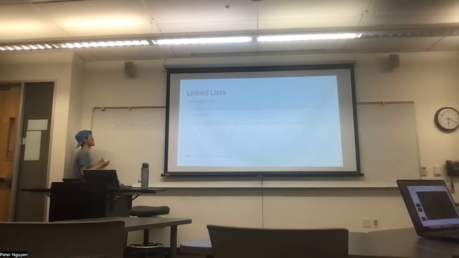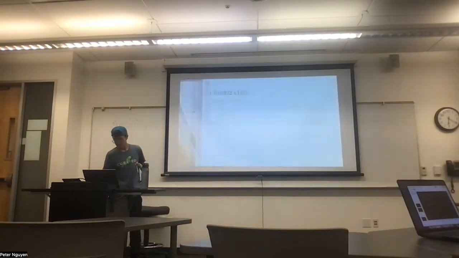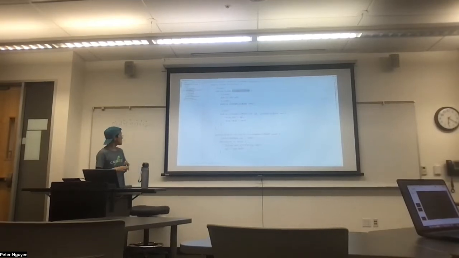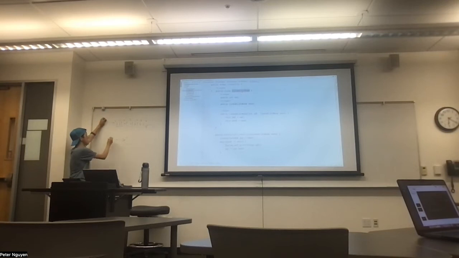A linked list, you can think of it as sort of nodes. Let's call these nodes and pointers. So let's look at the code for it. You can see that each node contains a value. So in this case, it would be, let's say 1, corresponding with this one.